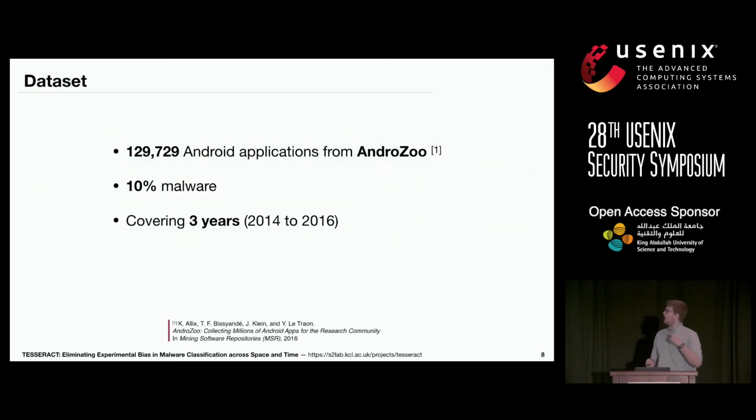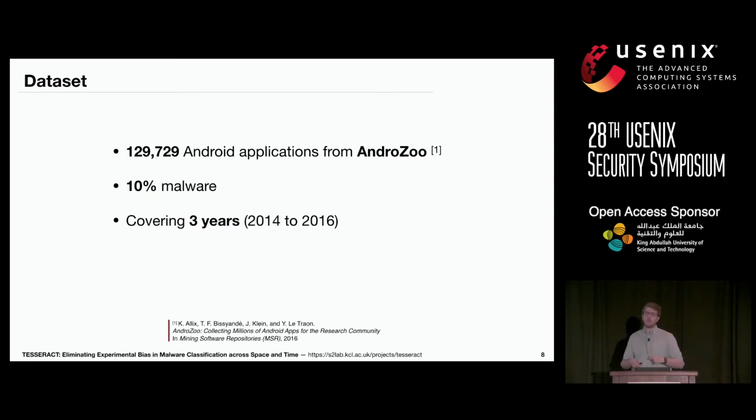This is why we originally decided to consider Android as a case study to quantify the impact of the problem in that domain. The guys from the University of Luxembourg recently started maintaining an Android dataset, which is an awesome collection of applications crawled over time. We got them from multiple stores, so you have both goodware and malware applications.